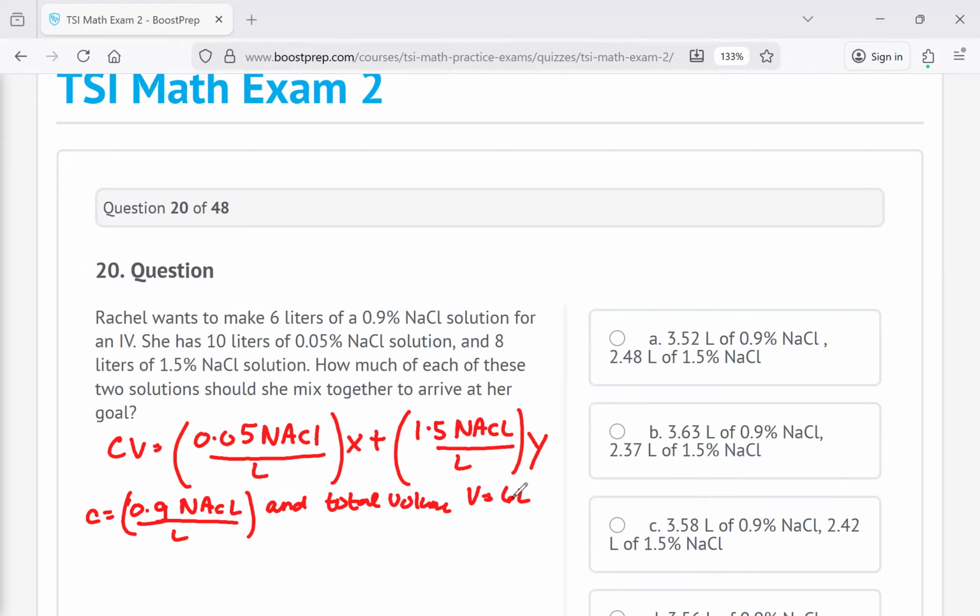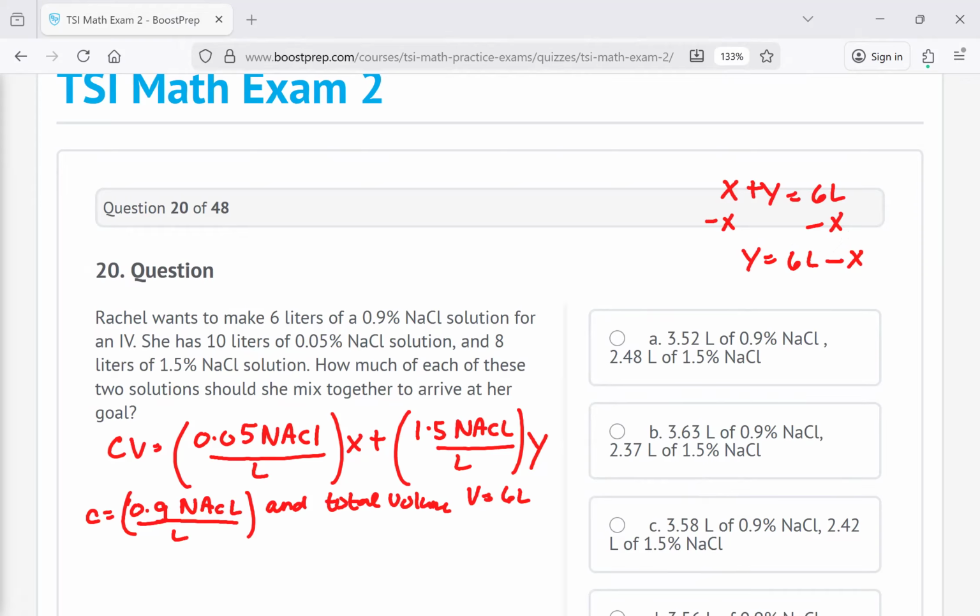And then what we're going to do is set up a system of equations. Our first equation is x plus y equals 6 liters. And for the other one, let me solve for y. You subtract x from both sides, and you get y equals 6L minus x, right?